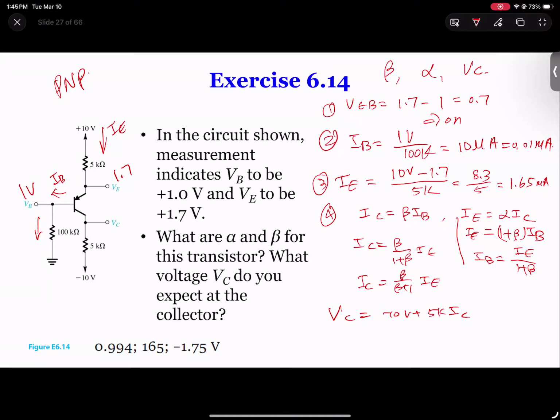Now we plug in minus 10 plus 5K times IC. That I is given, so we need to find a beta.